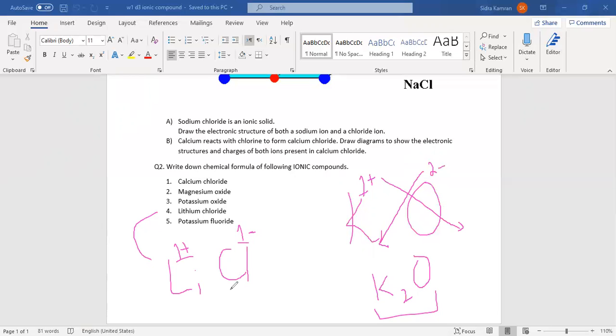So there is no need to write anything at the bottom. This is lithium chloride. Next is potassium fluoride. K represents potassium and F represents fluoride. Fluoride has 1 minus valency, potassium has 1 plus valency. So no need to write anything at the bottom. This is the formula for potassium fluoride.